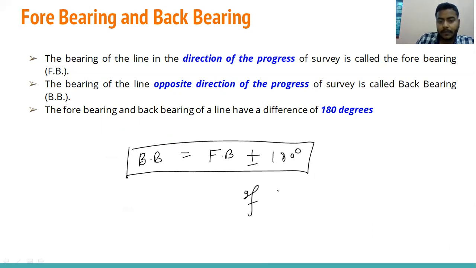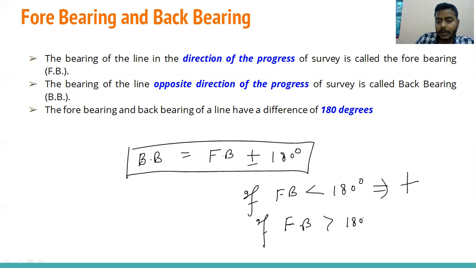If forebearing is less than 180 degree, then the sign will be plus; if forebearing is greater than 180 degree, then it will be minus. Right?